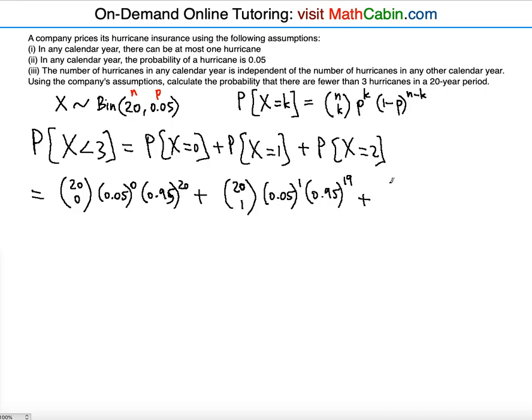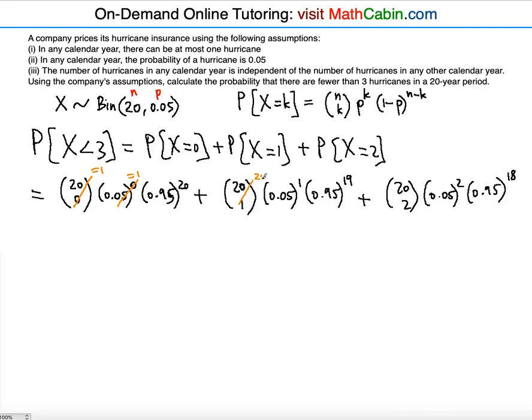And finally the last one is 20 choose 2, and then 0.05 raised to the second power, and 0.95 raised to the 18th power. You can use your calculator, and by the way, any n choose 0 is equal to 1, and any non-zero number raised to the 0 power is 1.